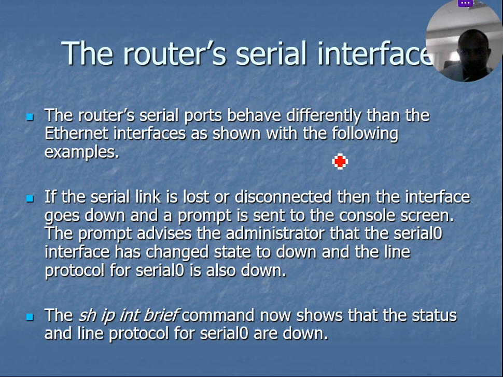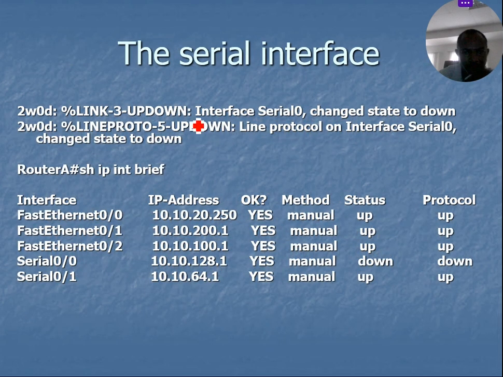Now, once we do that, we will see it tell you that it has changed state to down. This whole thing, the link up, down, interface serial 0, changed state to down, and then again it tells you about the line proto.